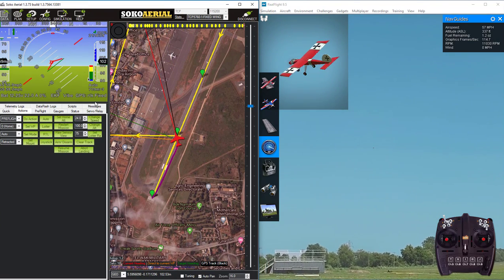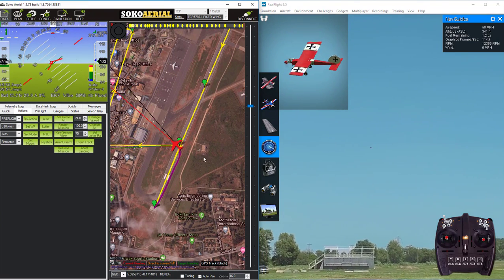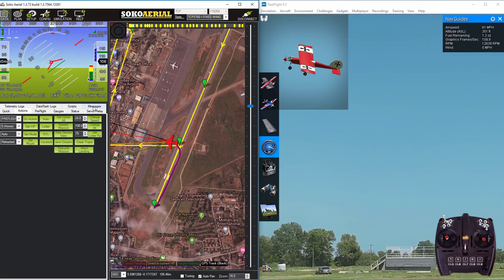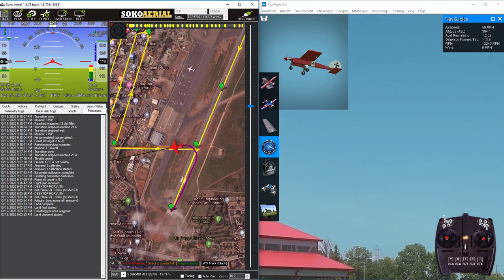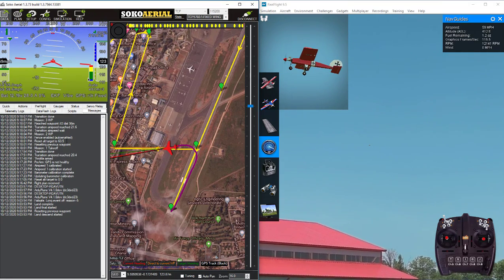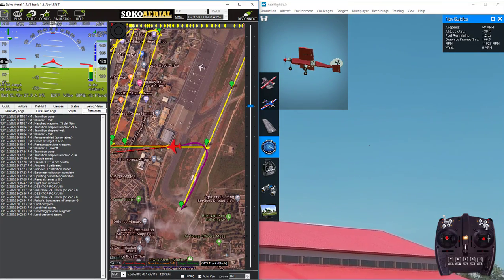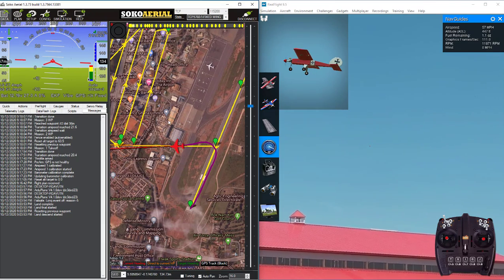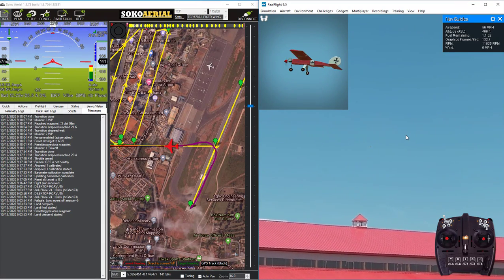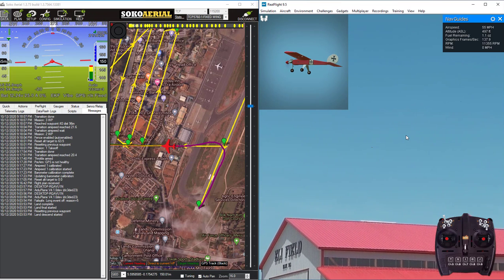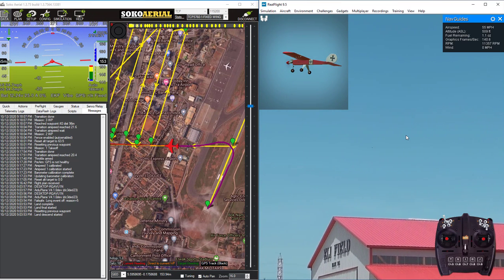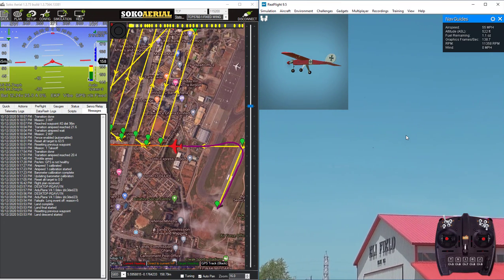So you can see that the flight path is being followed, and here the waypoint navigation information is being shown on my message taskbar, and the aircraft is airborne. This is beautiful.